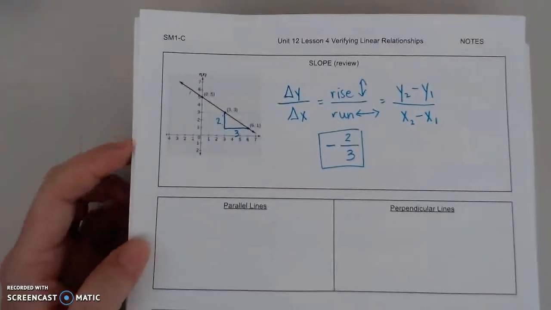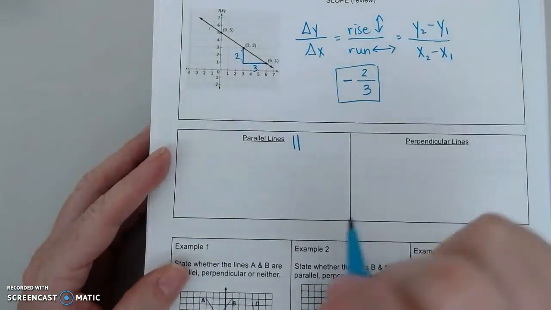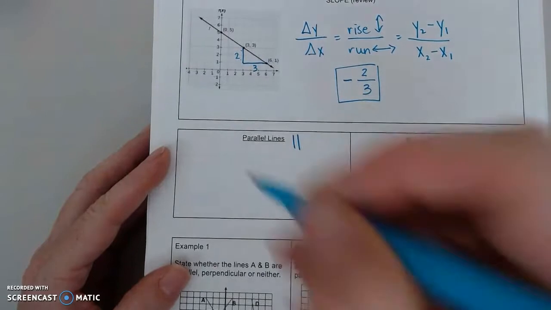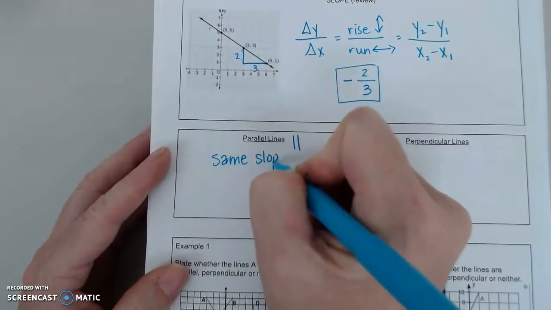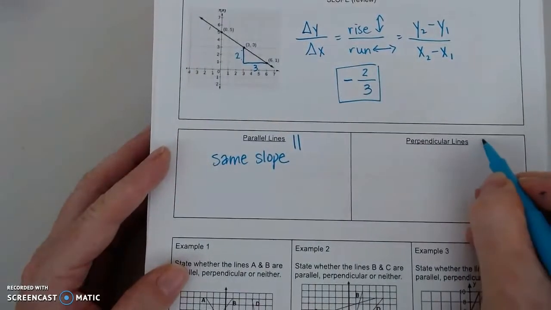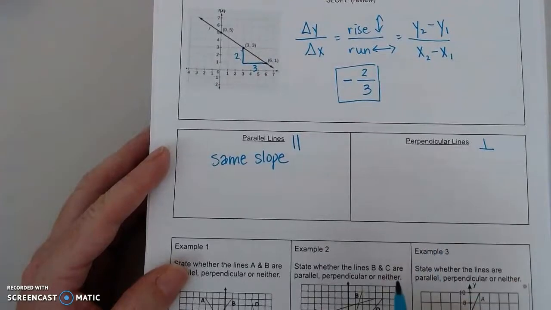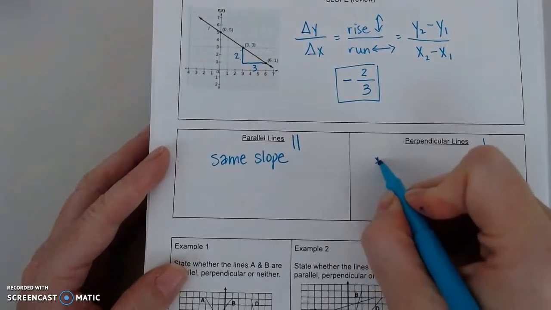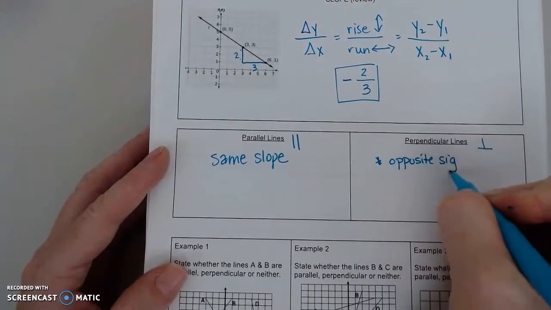All right? So for parallel lines, the symbol for parallel is 2 straight vertical lines, and parallel lines have the same slope. Perpendicular lines, the symbol is an upside down T, and this one's a little tricky. There's 2 conditions. They must be opposite signs.